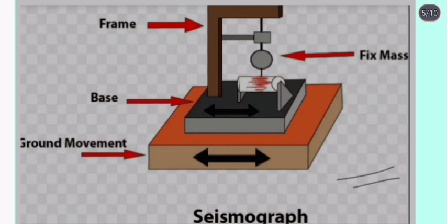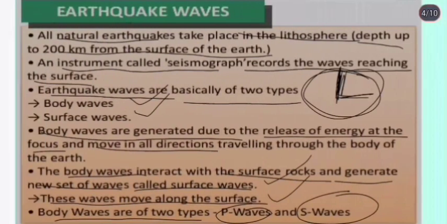Whenever an earthquake occurs, the fixed mass moves from its initial position, and the ground movement is observed in the seismograph. The movement of this fixed mass tells about the intensity of the earthquake waves. So the seismograph is used to measure the waves reaching the earth's surface.